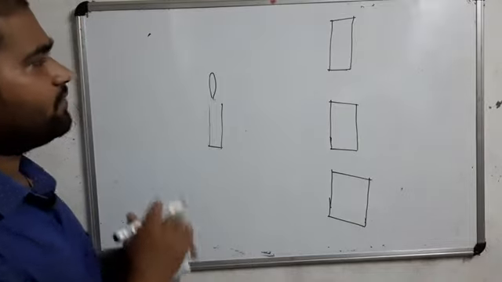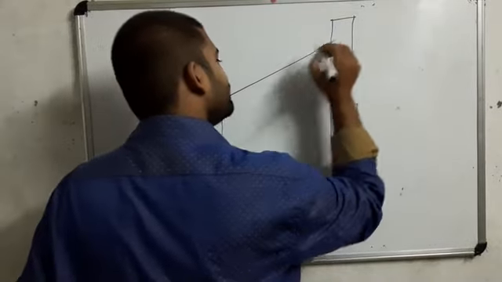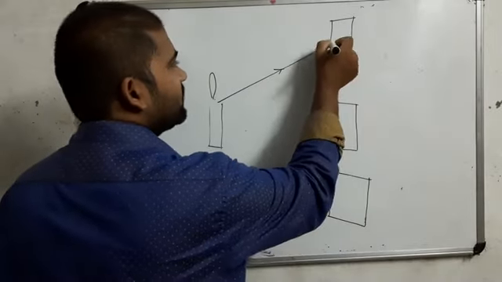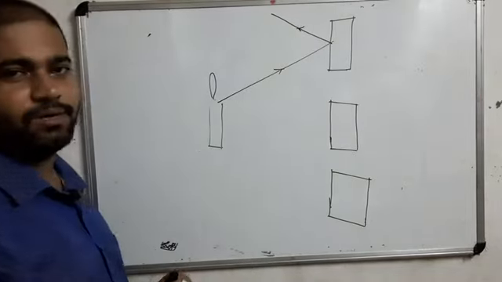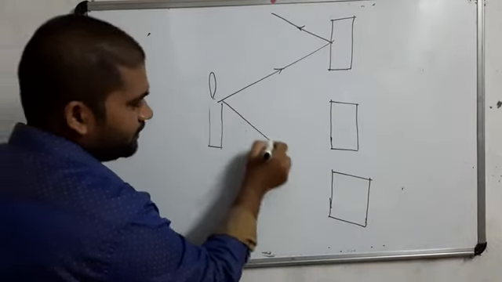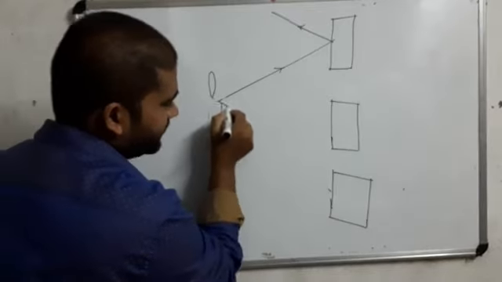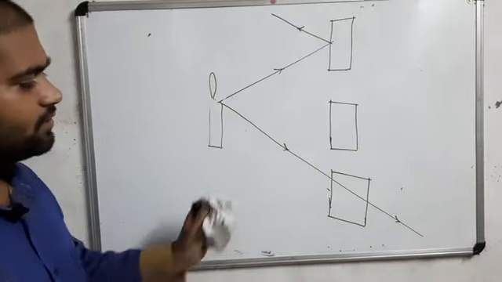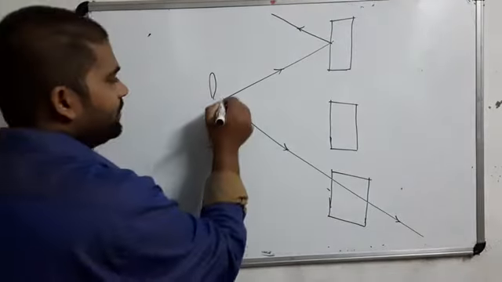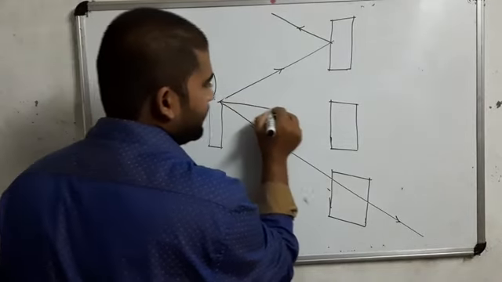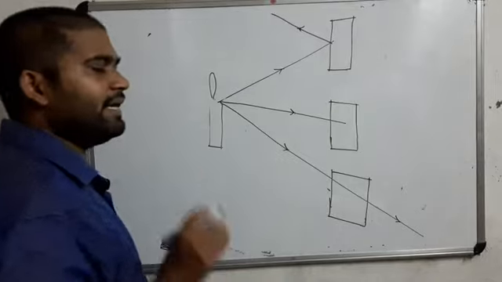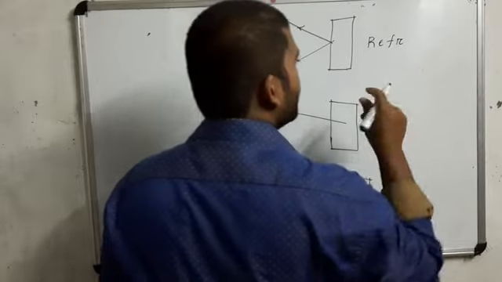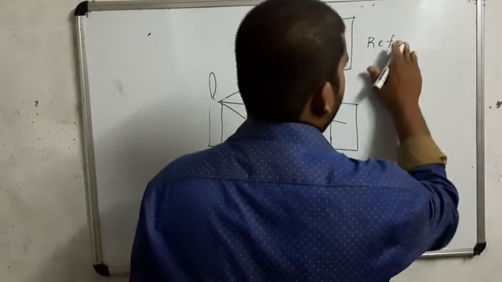For the first object, when the light is incident, the light is reflected. In the second case, when the light is incident on the object, it is transmitted, passing through the body. But for some objects, when the light is incident, they absorb all the light.